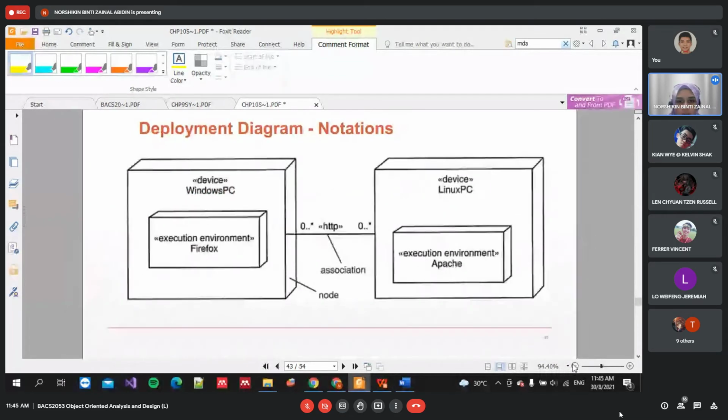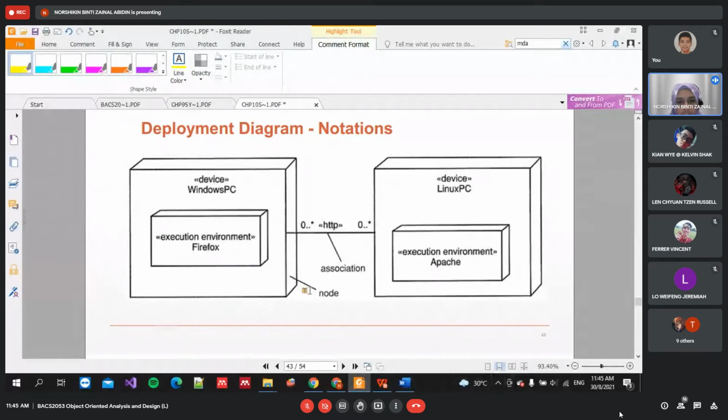When we combine them together, okay, like I said, oh, I cannot highlight the diagram. So for this particular node, what is the node for this one?